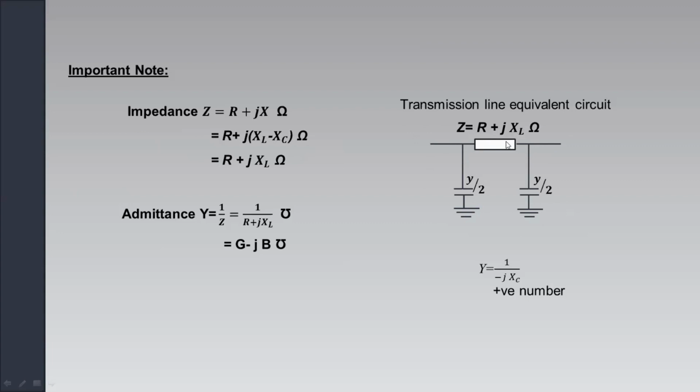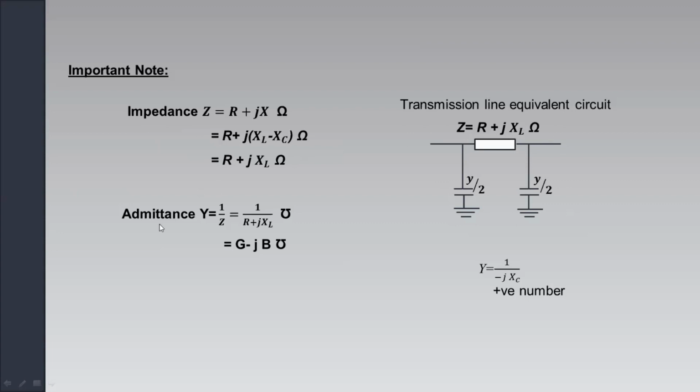The series impedance only has resistance and reactance. There is no capacitance in this series branch. The capacitances are shunt branches near the sending end and receiving end, so their imaginary term is denoted with the plus jXL sign. The sign is very important. Our point is that if the imaginary term sign is plus, then that one is impedance.